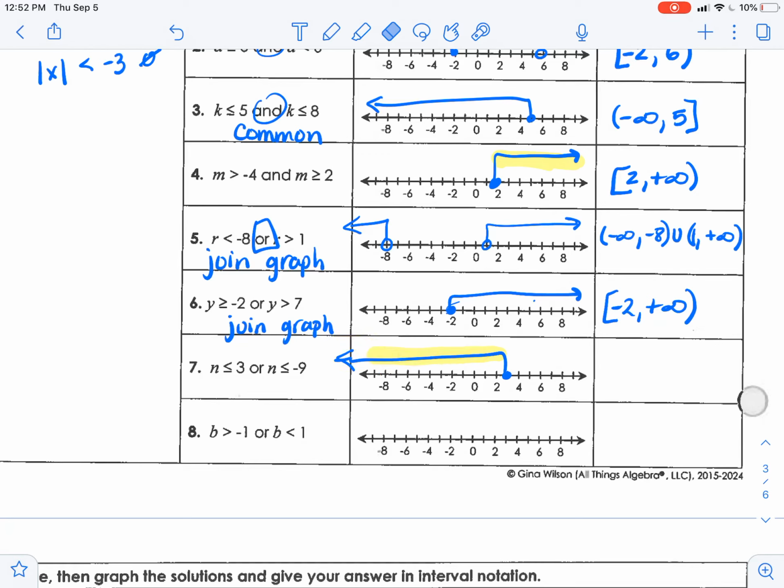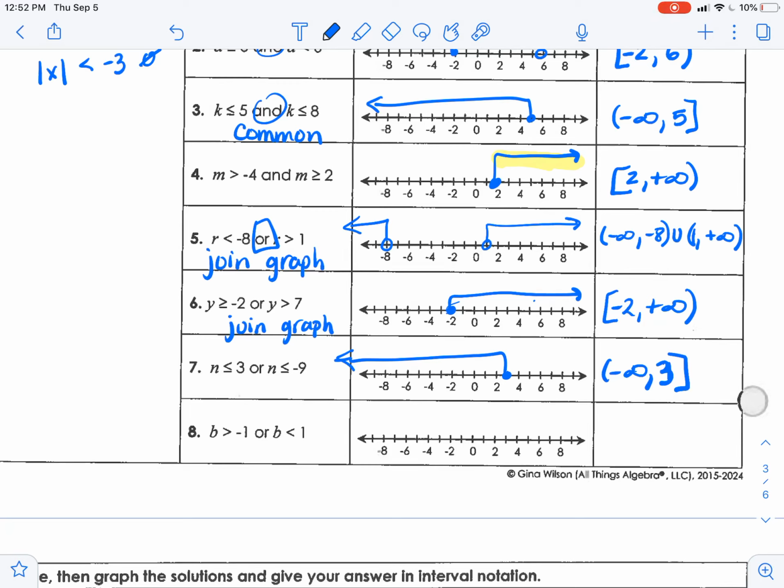I cannot leave it on there. I'll take out my highlight too. So my answer would be from negative infinity to 1 bracket. Oh, that's not 1. Sorry, that's 3. I don't know where I came up with 1.